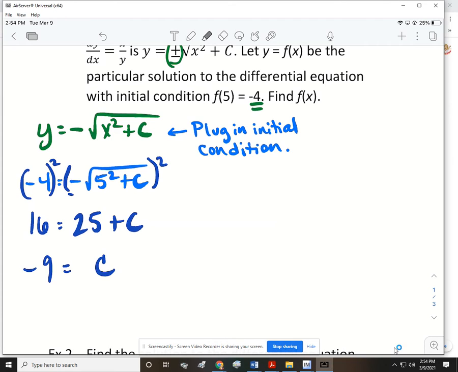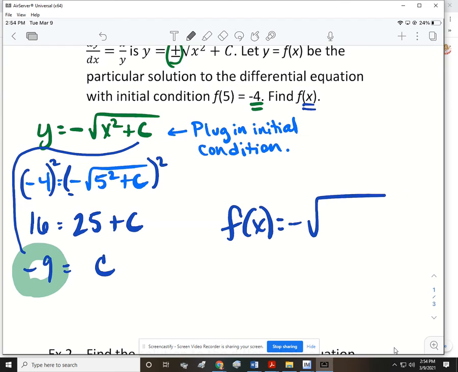So I'll just take that negative 9 and plug it in there. So y should be equal to, or we'll call it f of x, because it tells us to find f of x. So f of x is equal to negative square root of x squared minus 9.